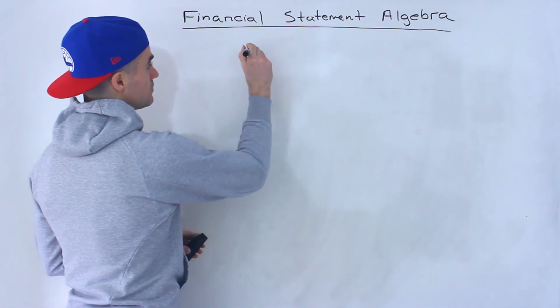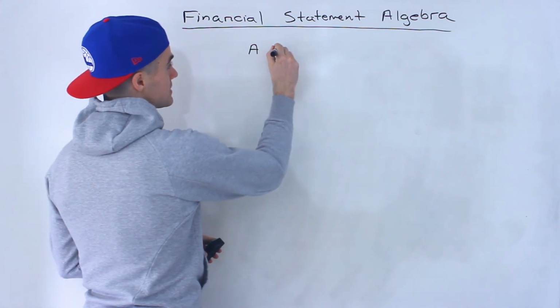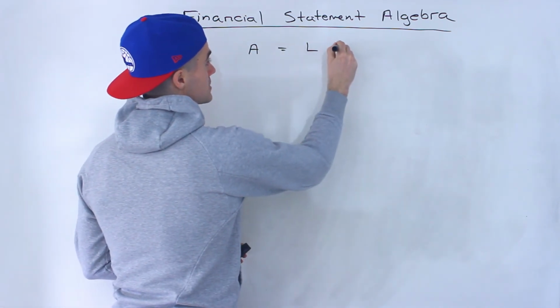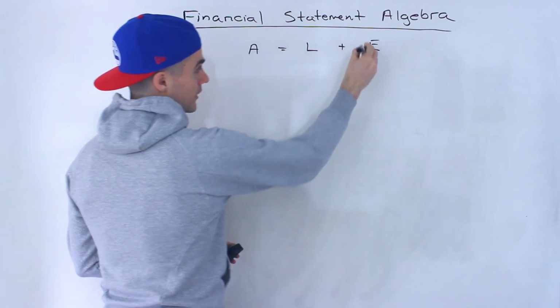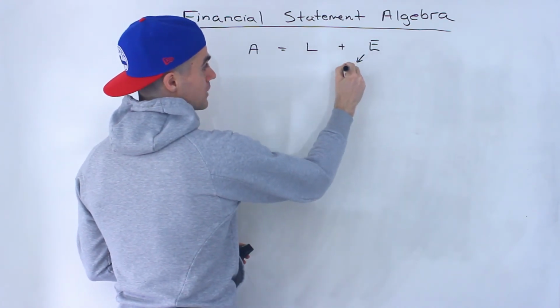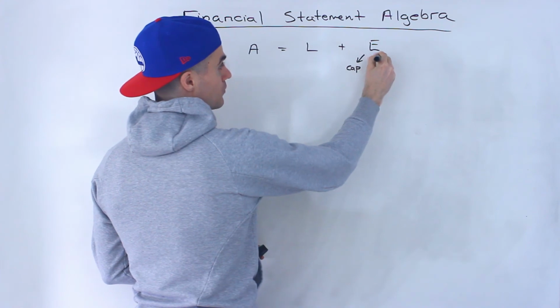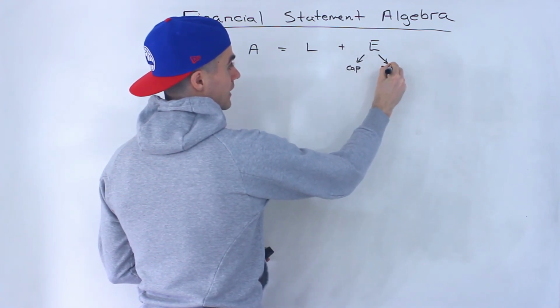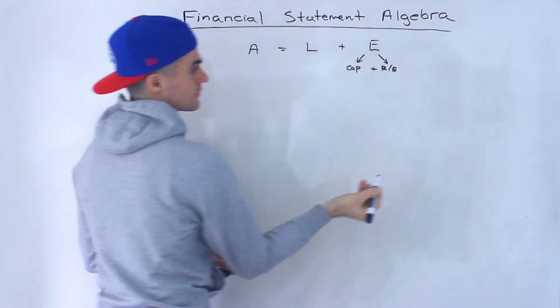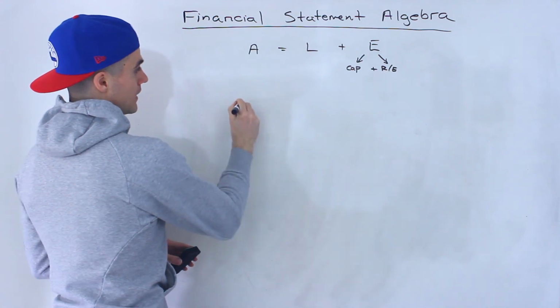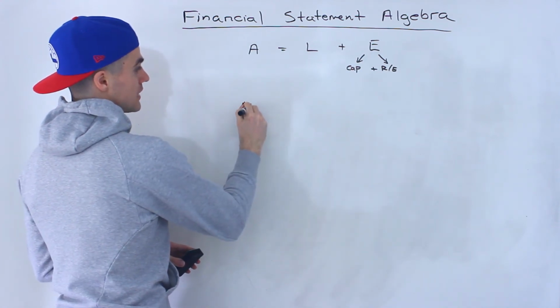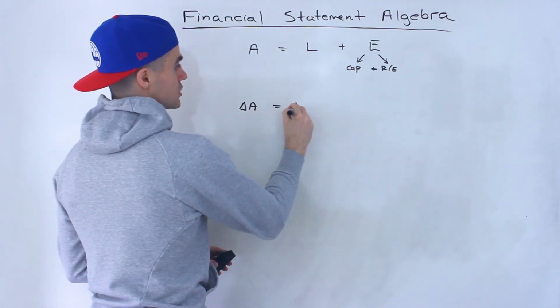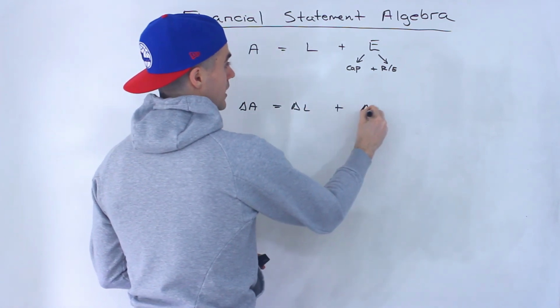So we're going to start with the beginning balance sheet. So I'm just going to write assets equals liabilities plus equity. And then I'm going to break down this equity into capital. I'll put a short form there. And then retained earnings, like that. And then I'm going to have a change in assets equals a change in liabilities plus a change in equity.